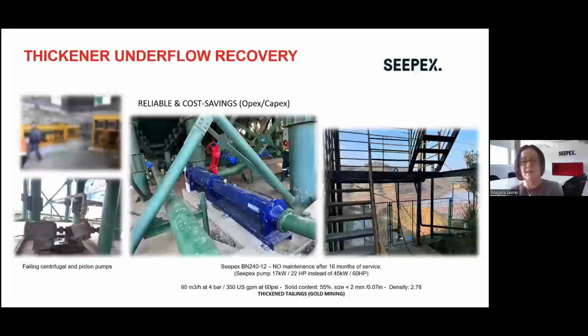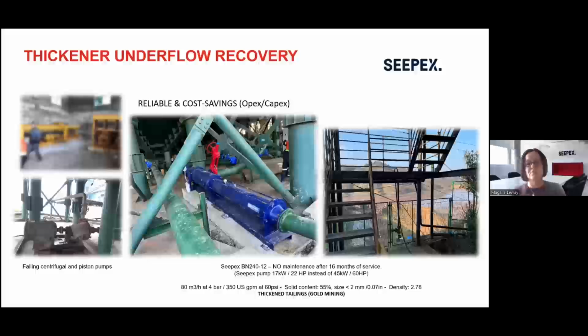And that is when they turned to SEEPEX, and we provided the BN 240-12. You see the pump in the picture in the middle. We are directly under the thickener. And that pump has been working for over 20 months without replacing any wearing part, not one rotor, not one stator.